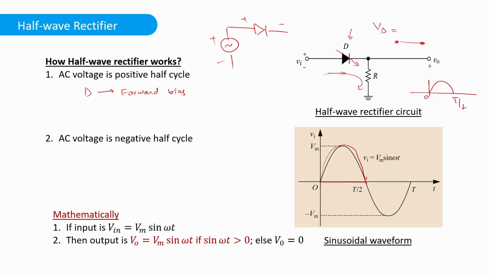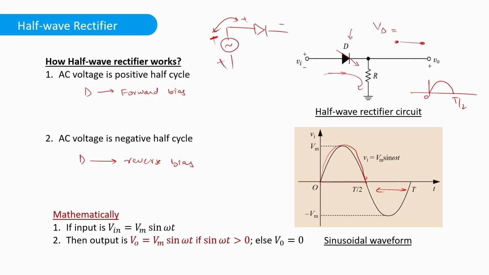Okay. And when the input voltage enters the negative phase, which is from T/2 to T, then the diode will become reverse bias. Why will it become reverse bias? Because in that situation, this terminal will be negative and this terminal will become positive of the AC voltage source. So when the negative terminal is connected with the positive terminal, this will become reverse bias.